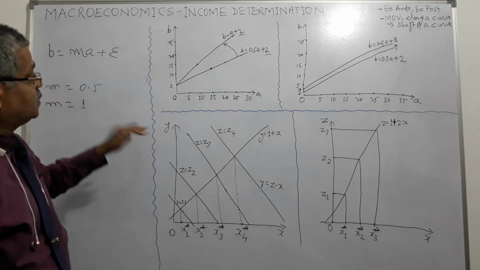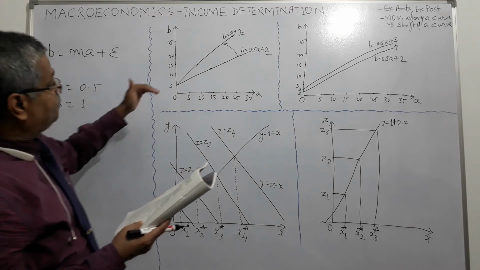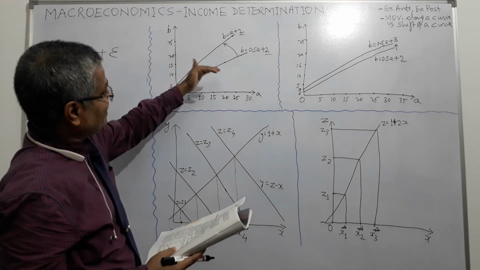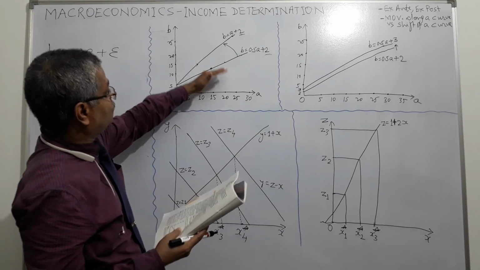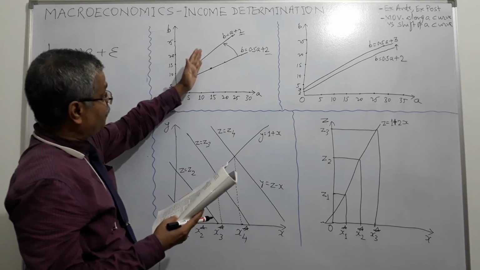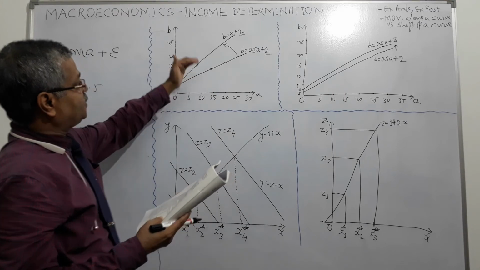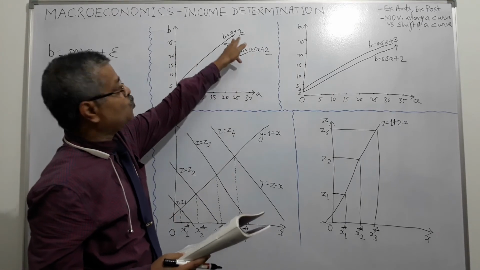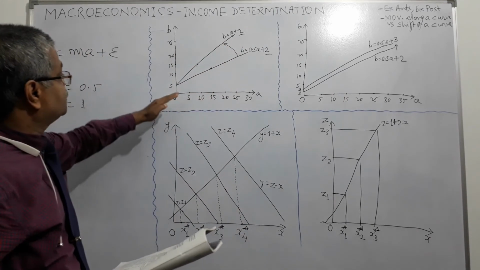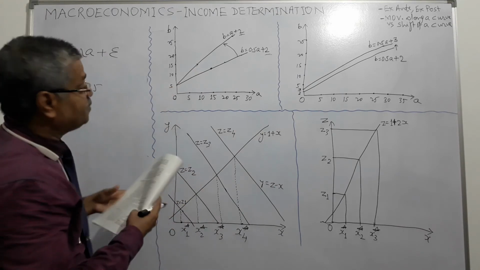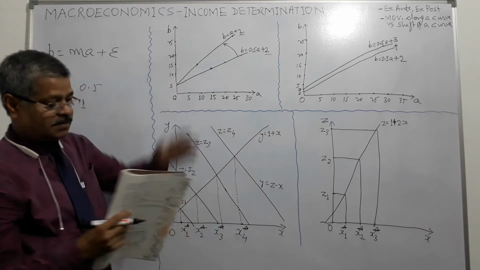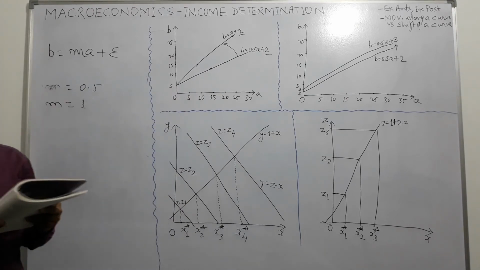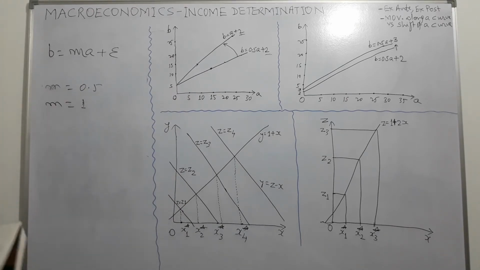It is called a positively sloping straight line swings upwards when its slope is doubled from 0.5 to 1 we have done. So the vertical intercept remains at 5, but what does it do? It swings upwards.